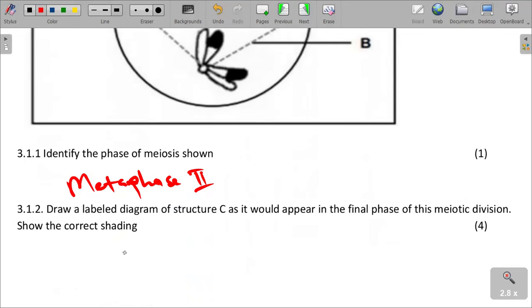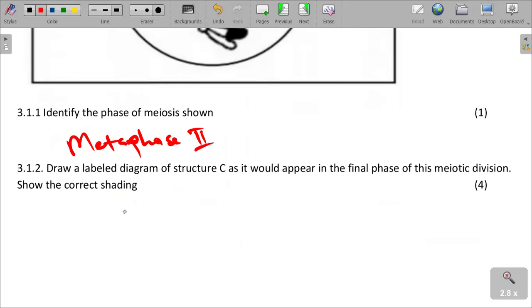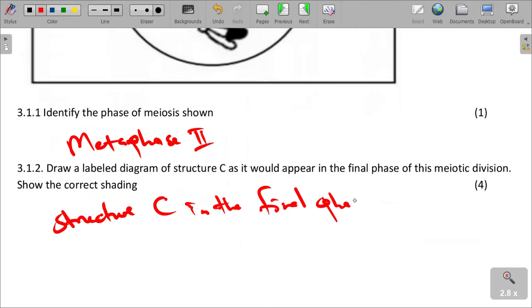The heading is: structure C in the final phase of meiosis.